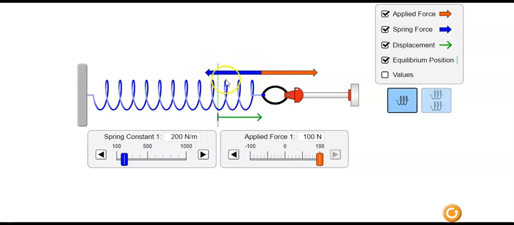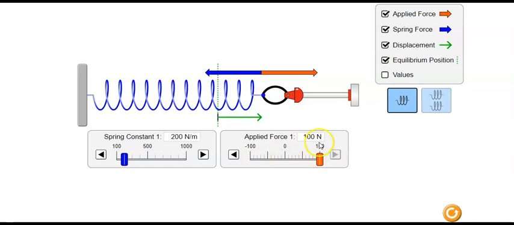This is the force that the spring returns in equal and opposite direction to my applied force. Also, as I pull to the right with this applied force, you can see a green arrow appear, and this is the displacement. That's the stretching distance from the equilibrium position to the place I pulled it.